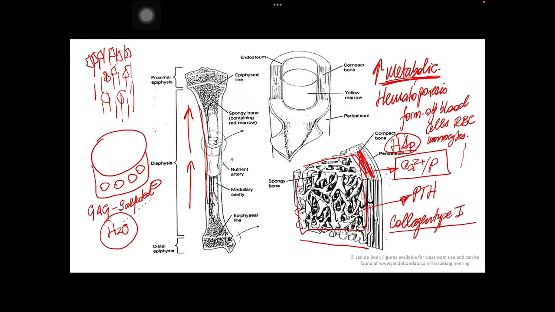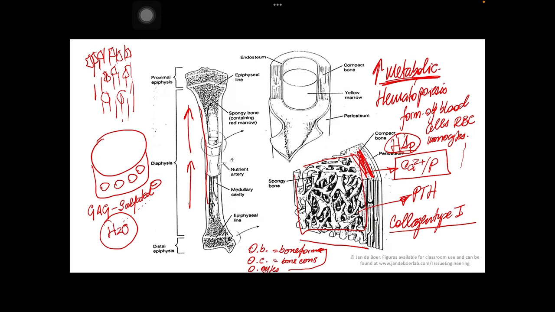Three important ones: the osteoblasts, OB, which are like bone formation cells; the osteoclasts, OC, like bone consuming cells; and the osteocytes, which are specific types of osteoblasts that are encapsulated in the matrix of the bone.